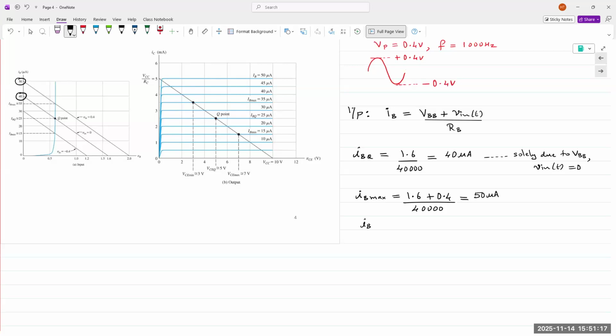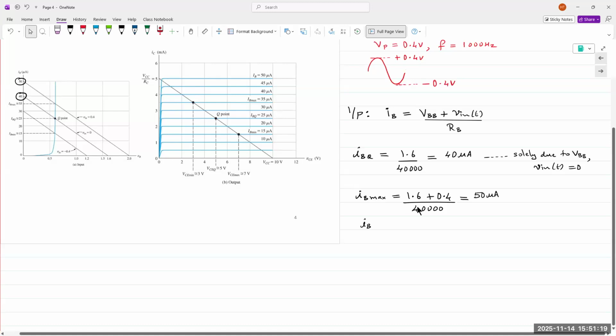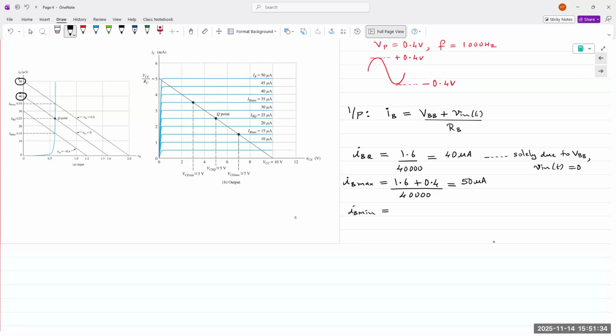So IB minimum is 1.6 minus 0.4 divided by 40,000. And so now I get a value of 30 microamps, which is this third point right here.